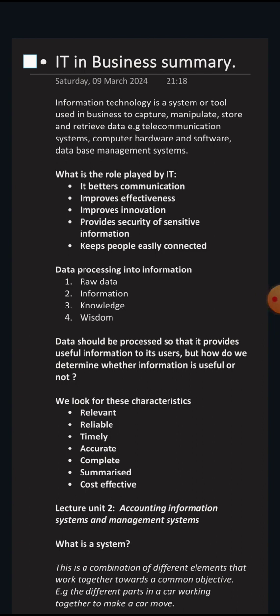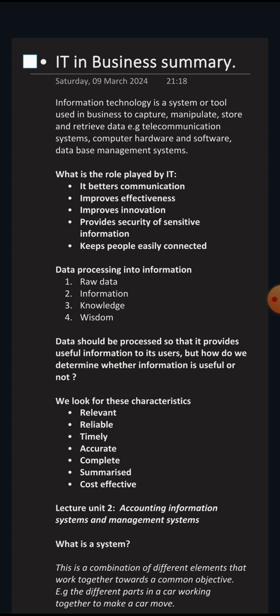So the first thing that we have to look at is what IT is, the definition of IT. IT stands for information technology, and this is a system or a tool that is used in business in order to capture, manipulate, store and retrieve data.